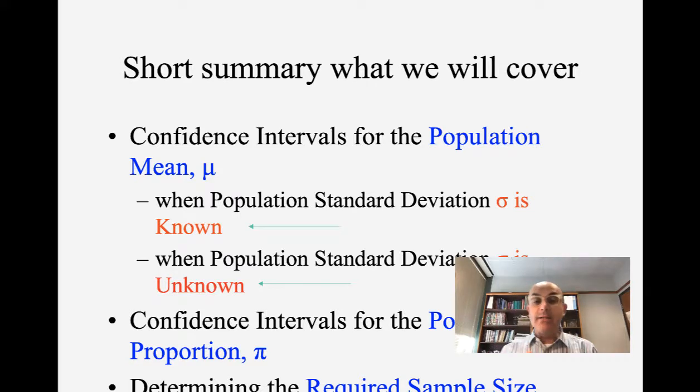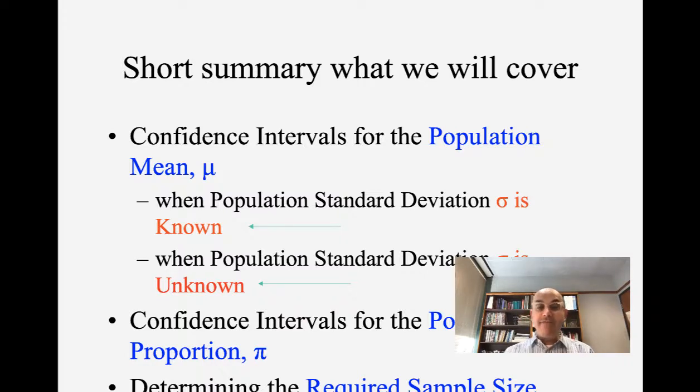Just again a little bit about some terminology that I'm going to use. I will try my best to repeat that, so you will have some terminology that you'll be able to talk about and understand. So confidence interval for the population mean is also the Greek letter mu, and the population standard deviation is sigma, and we have two cases, when it is known and unknown, and I will talk about that too.